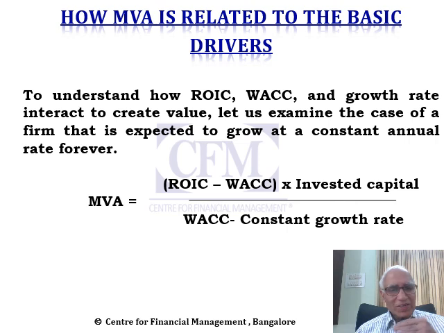This is a very important equation showing how MVA is related to the basic drivers. MVA is equal to ROIC minus weighted average cost of capital multiplied by invested capital, the whole divided by weighted average cost of capital minus constant growth rate.